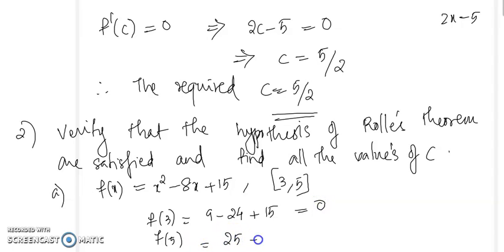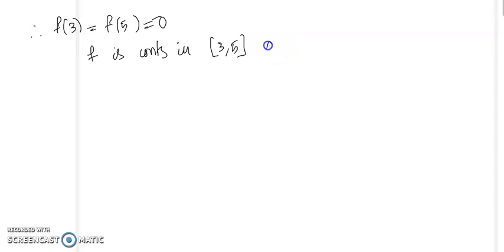So f of 5 is 25 minus 40 plus 15, that is again equal to 0. So therefore f of 3 equal to f of 5 is equal to 0. So f is continuous in closed interval 3, 5 and differentiable in open interval 3, 5 since it is a polynomial.